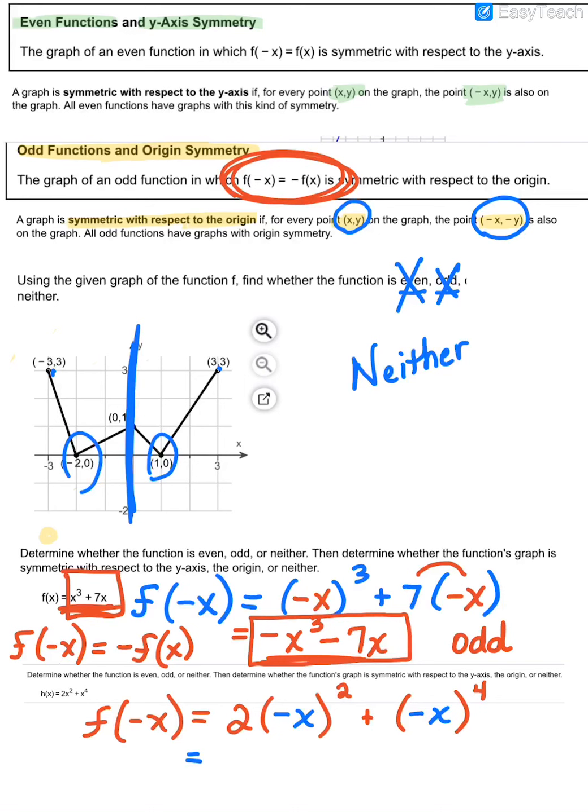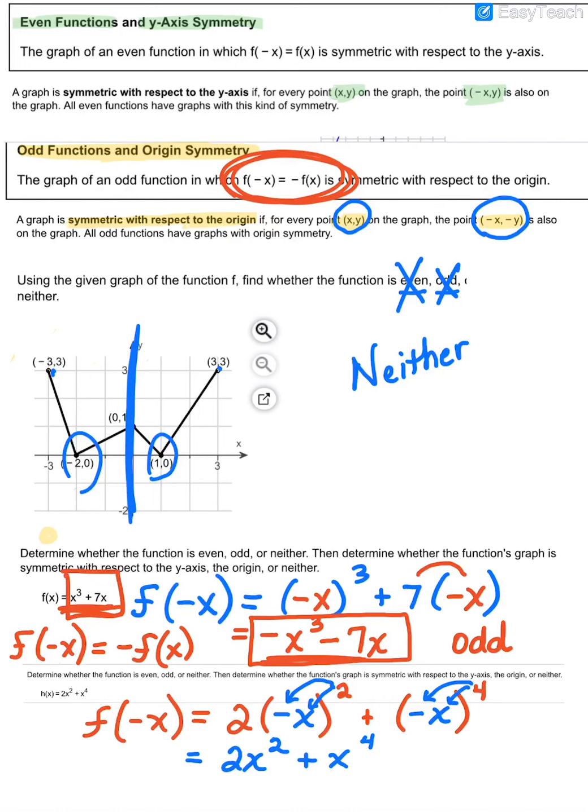Now what happens here, when you square that negative one factor, it becomes positive. Of course, when you square the x, it becomes x squared, so this term becomes 2x squared. When you raise a factor of negative 1 to an even power, it becomes positive as well, and of course, x raised to the fourth power would be x to the fourth.